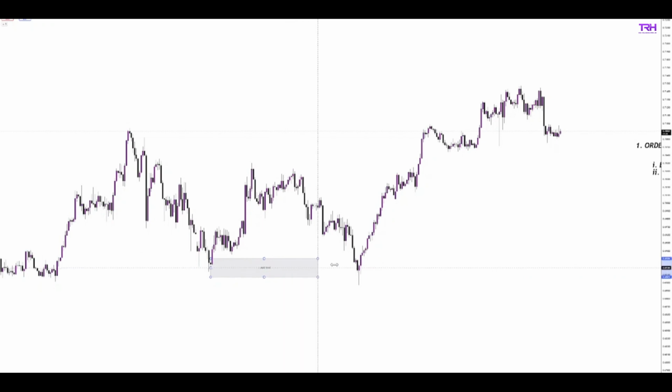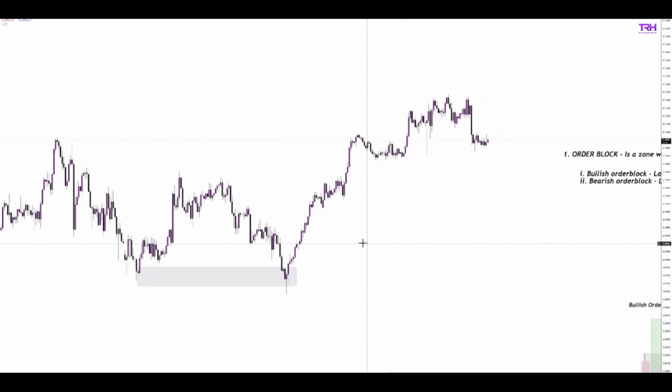And if you notice, price came back into that zone, used that zone as a point of entry, as a key level to just continue the trend. It doesn't get simpler than that.